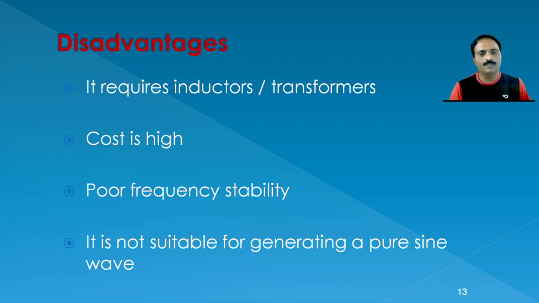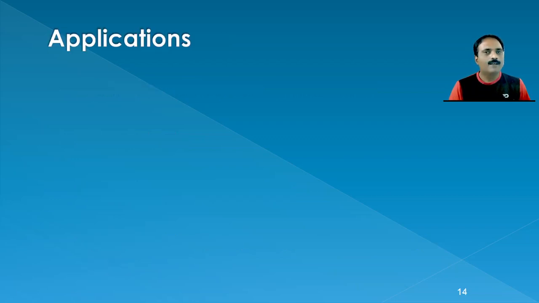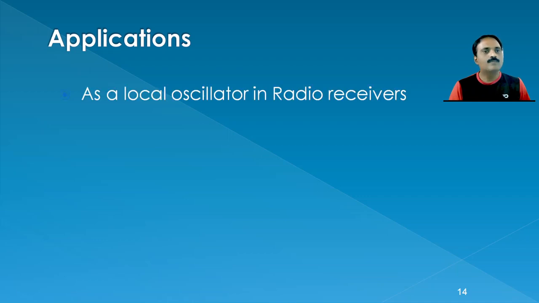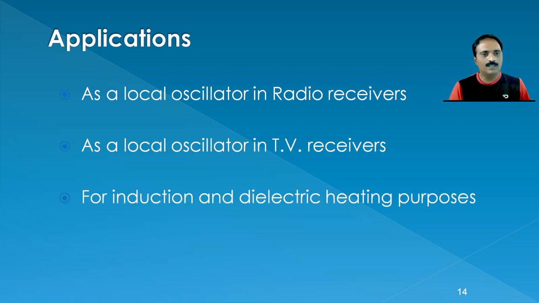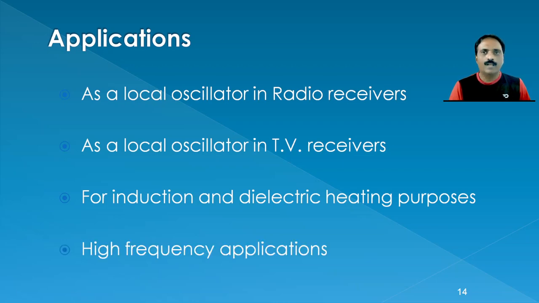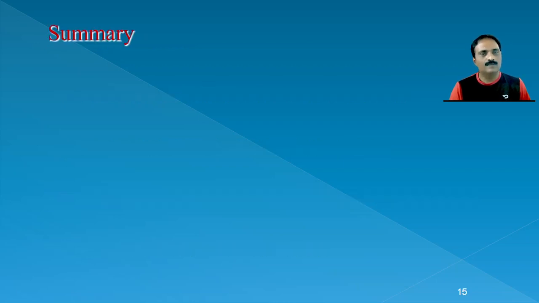It is difficult to generate a pure sine wave. And for the applications, it is used as a local oscillator in radio receivers and TV receivers, and also for induction and dielectric heating purposes for high frequency applications.